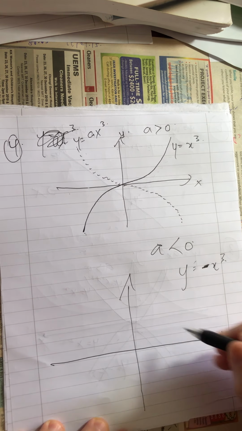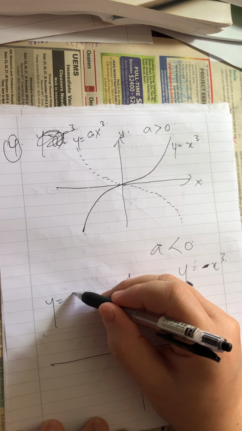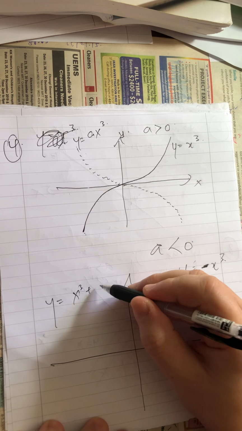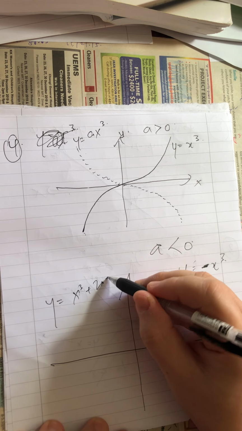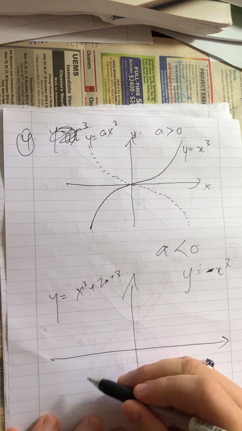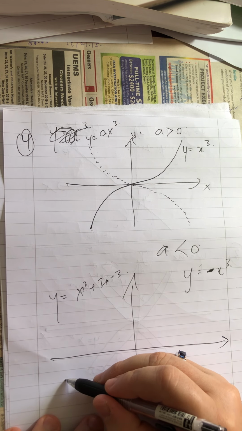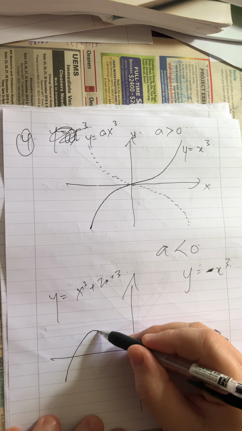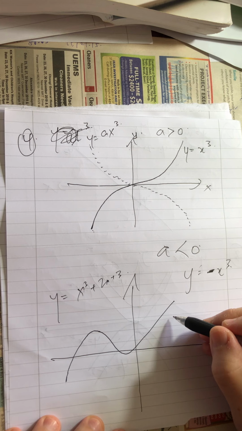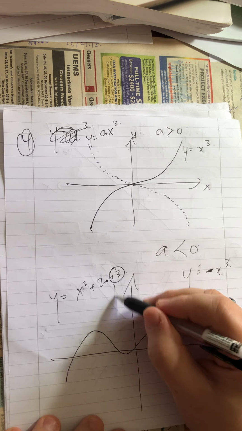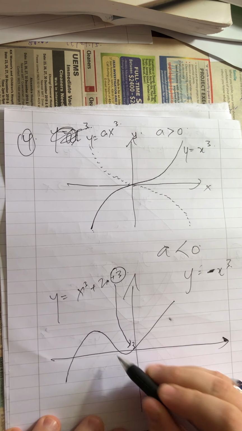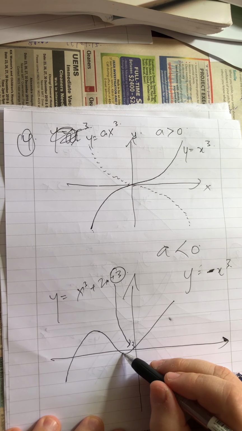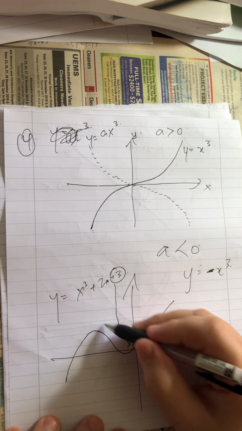If you have other numbers, let's say x cubed plus 2x plus 3, something like that, then it will be a more pronounced turning point. So there'll be one turning point, I just anyhow draw. Two turning points. And of course the intercept is 3. The real graph may not look like that, but it will be a more pronounced turning point.